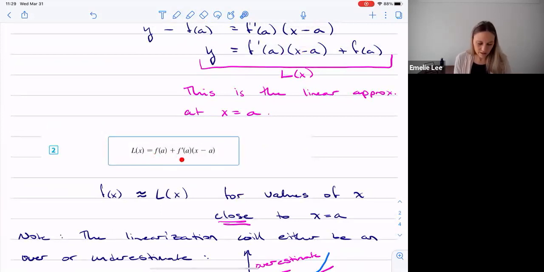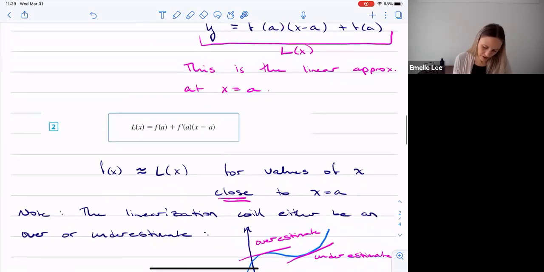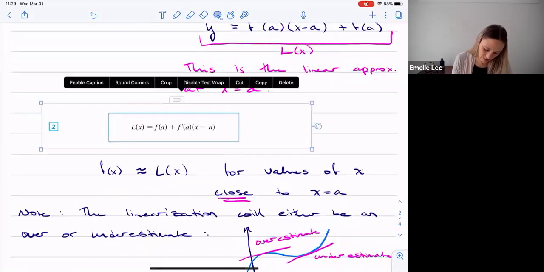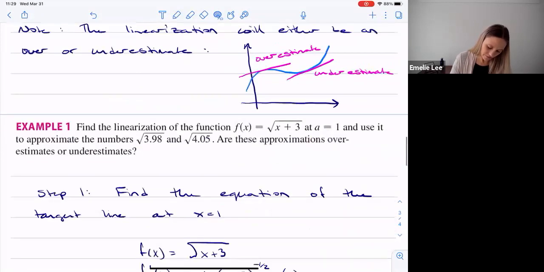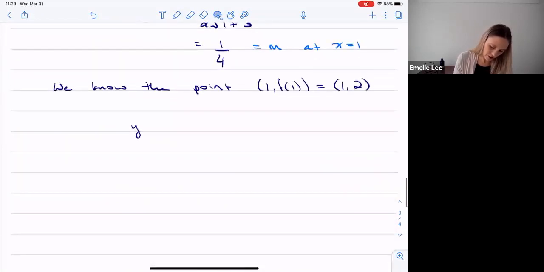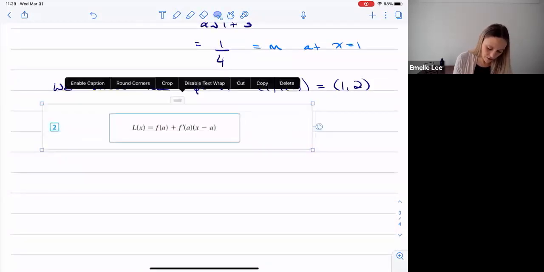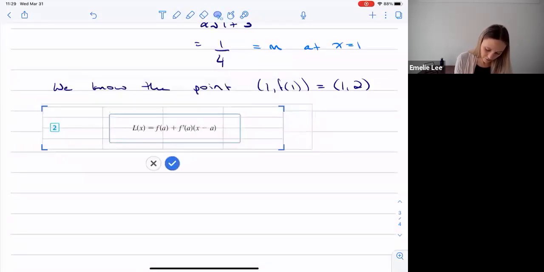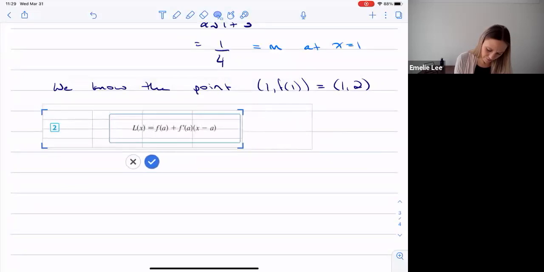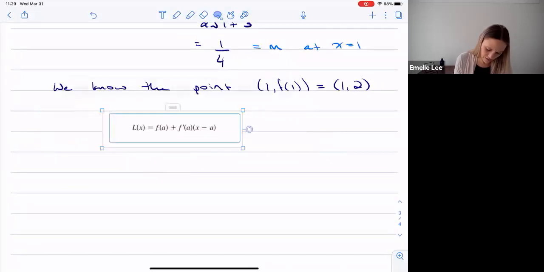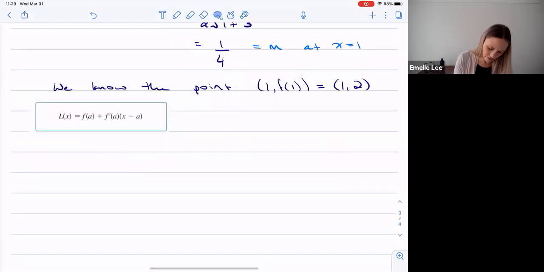That's fine. In fact, maybe that's what I should do, just to show why we would need that. But you can just get there from the point slope form of a line too. Right.